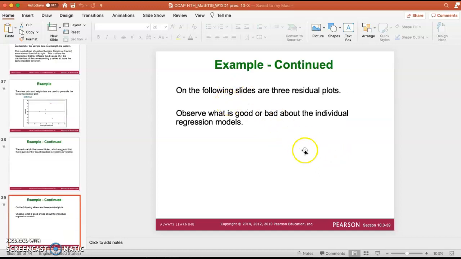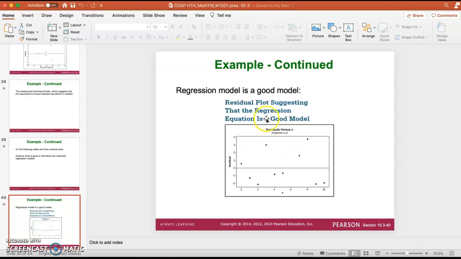Now, on the following slides, there are 3 residual plots, and we'll take a look at how we can tell that they're good or bad regression models based on the residual plots. So this would be a pretty good residual plot, showing that it's coming from a good model. There's no distinct pattern here, and all these residuals are staying relatively close to zero.